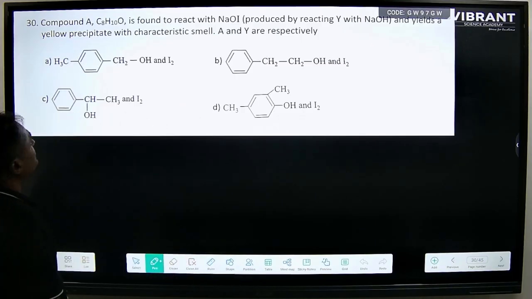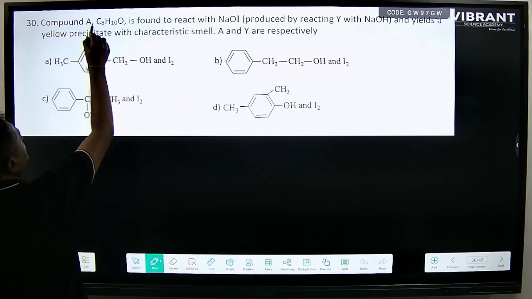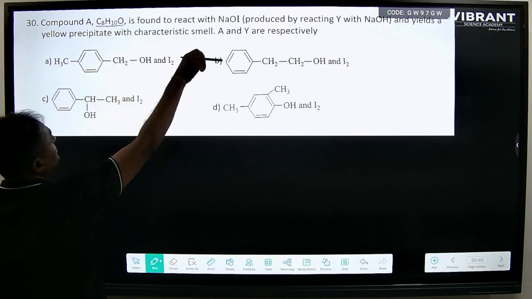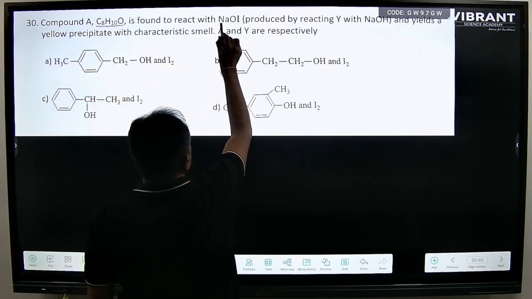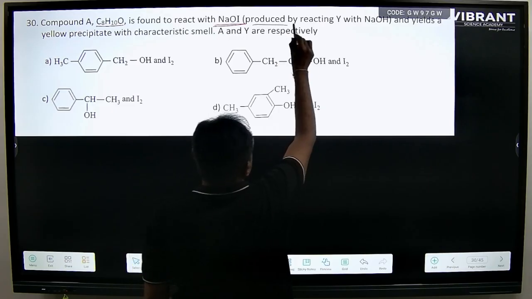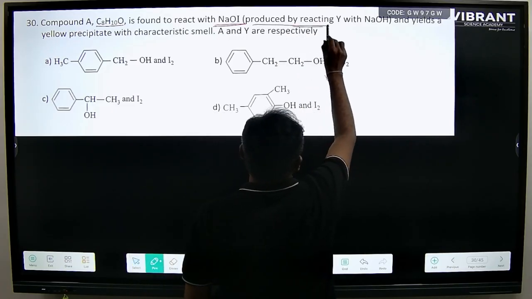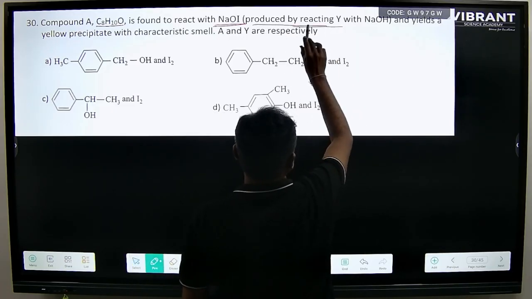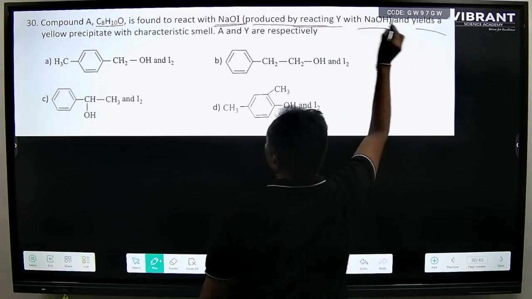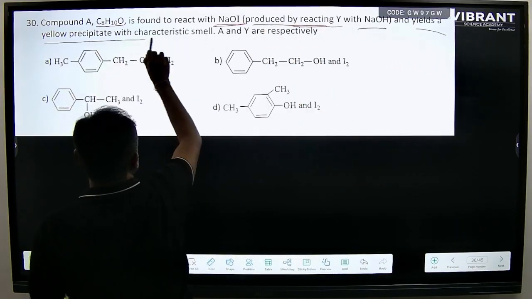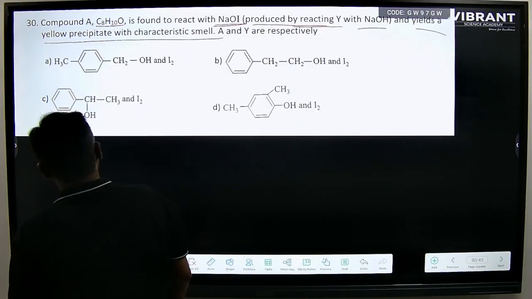Okay, this is again one of the very simple questions, child. A compound A with the molecular formula C8H8O is found to react with NaOI, producing Y, and Y reacting with NaOH yields a yellow precipitate with a characteristic smell.